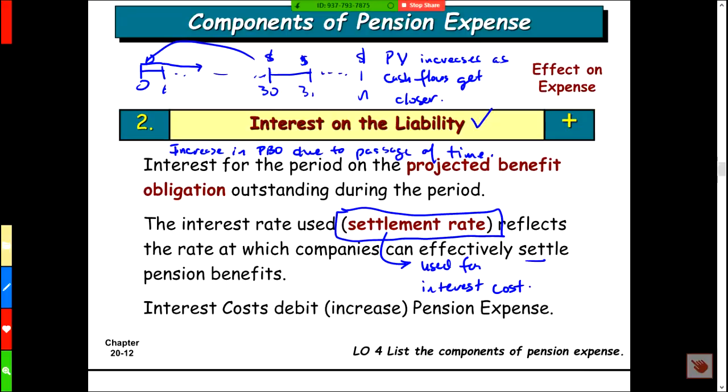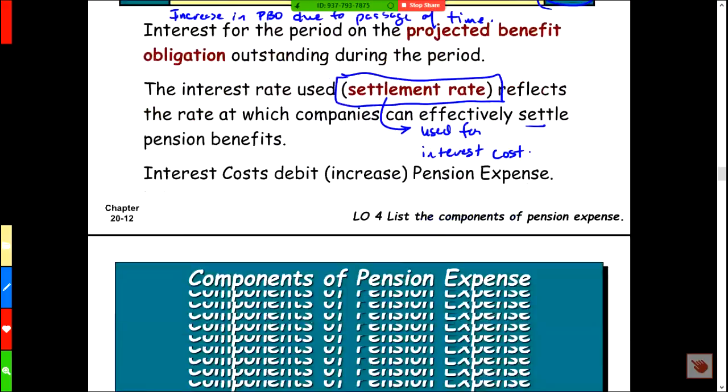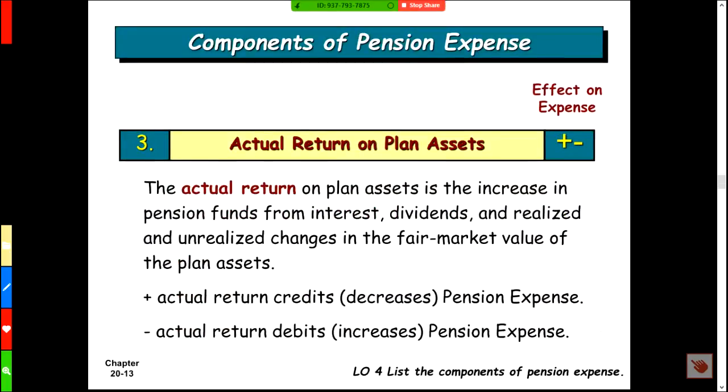Again, in terms of, please just tell me how to calculate pension expense, all you got to do is add it when you see the number. Actual return on plan assets. This is exactly what you think it would be. Increase from interest, dividends, realized and unrealized changes in the fair value. So realized is you bought a stock for 100 and sold it for 110, that's 10. Unrealized is you bought it for 100, it's worth 110, but you haven't sold it, you still have $10 of gain.